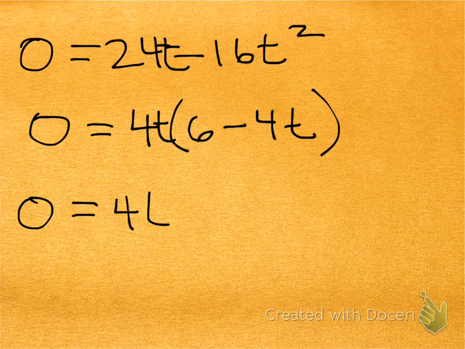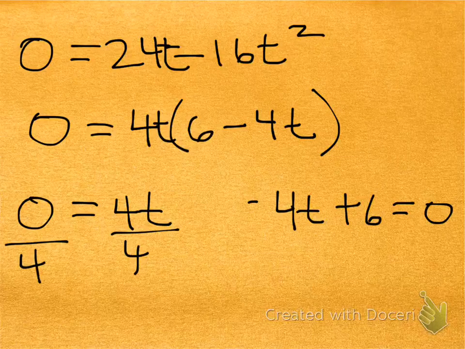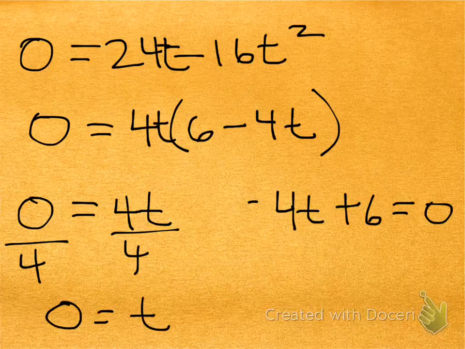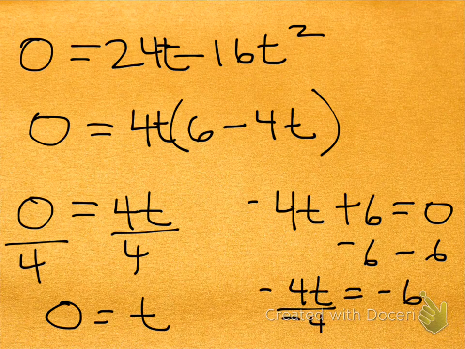So 4t would be 0, and negative 4t plus 6 would be equal to 0. So we have one answer of 0, and we have one answer of positive 1.5.